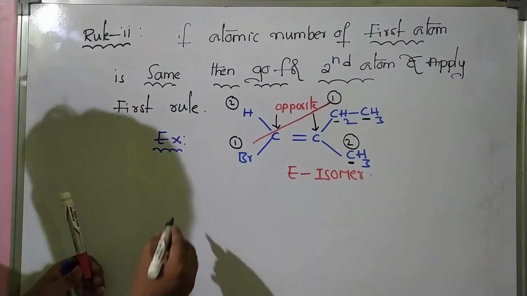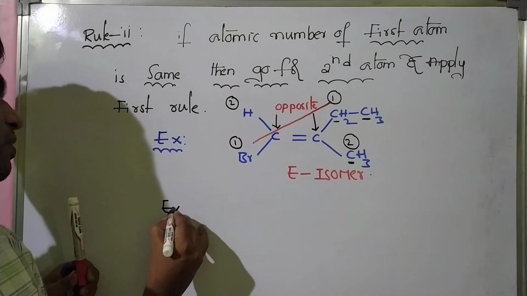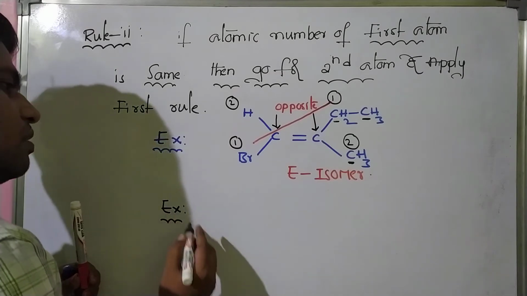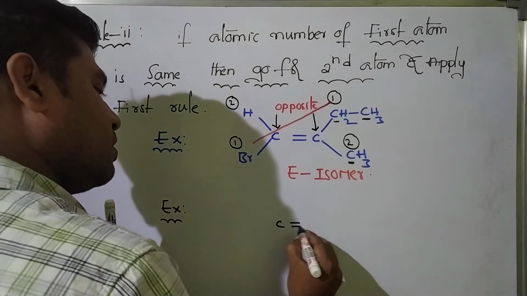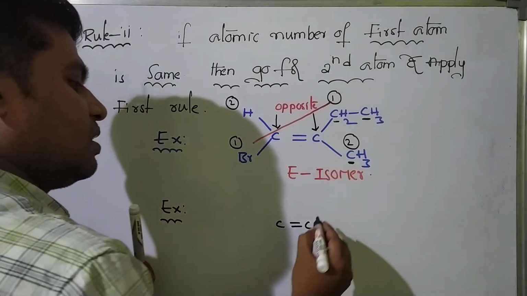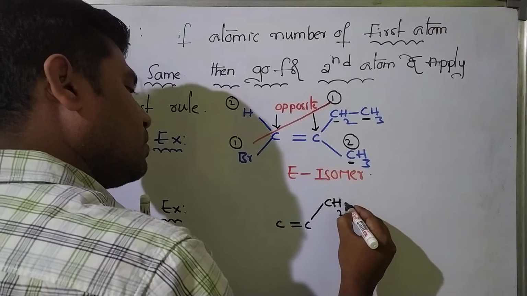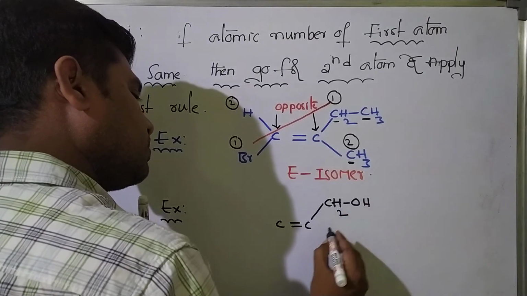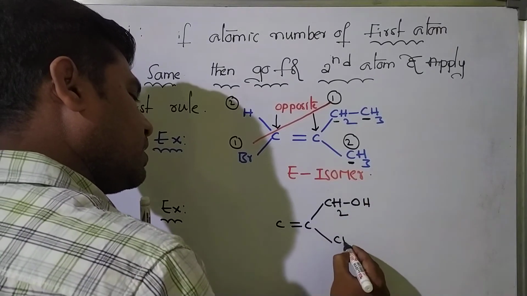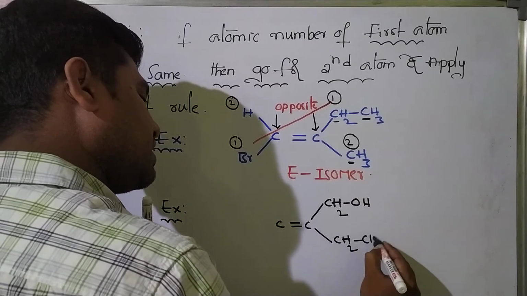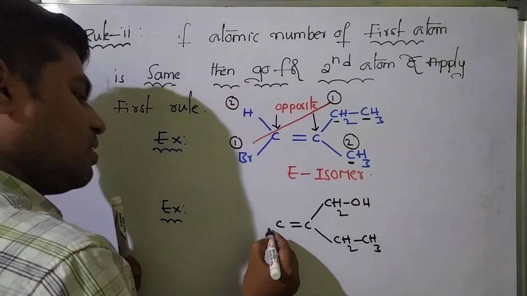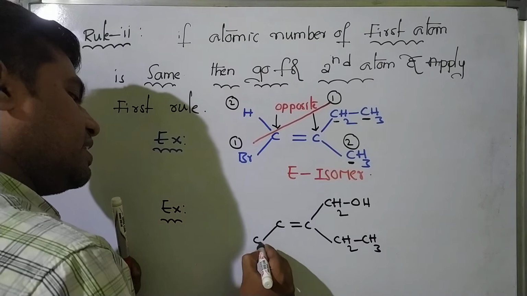Okay. And one more example. C double bond C. Here CH2OH. Here CH2CH3. Here CH3.